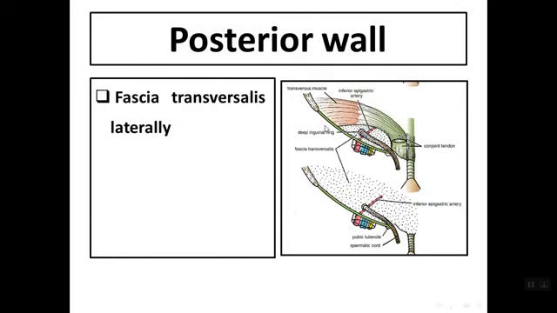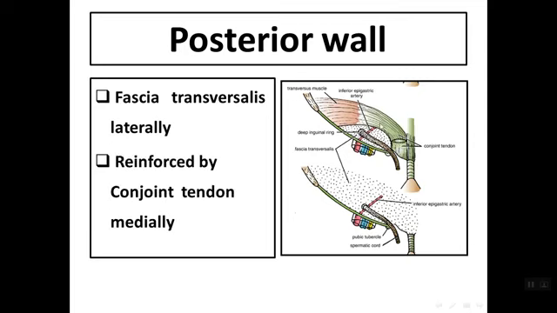The posterior wall is formed mainly by fascia transversalis laterally, and it is reinforced medially by the conjoint tendon. The conjoint tendon is the tendon of the internal oblique and transversus abdominis muscles, and it forms part of the posterior wall medially.